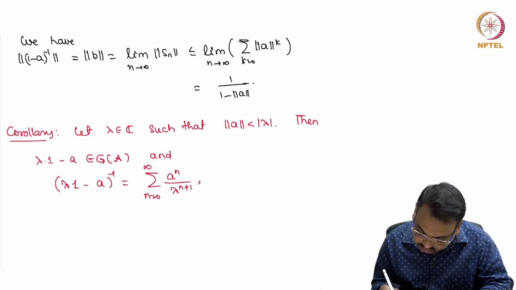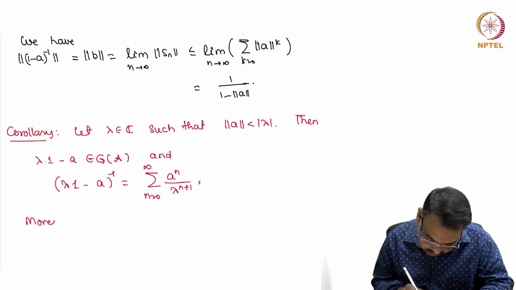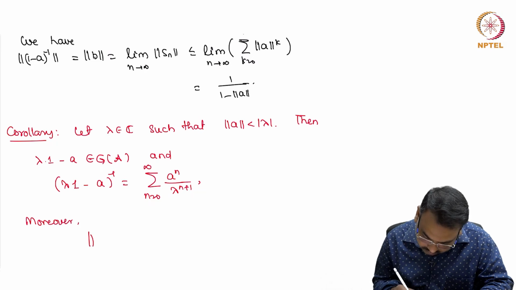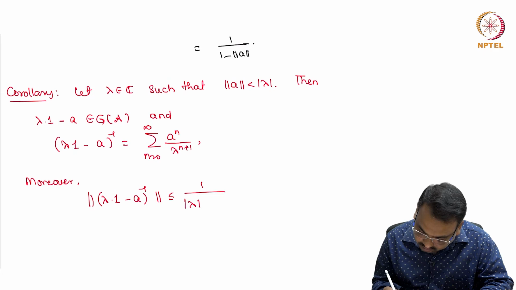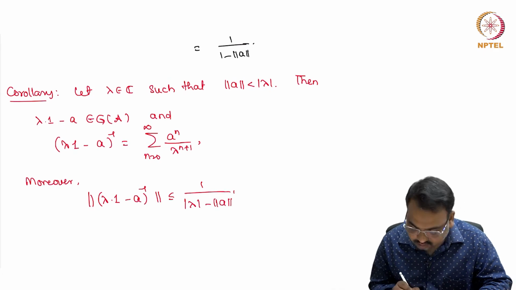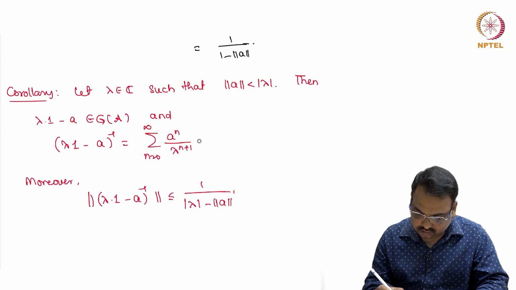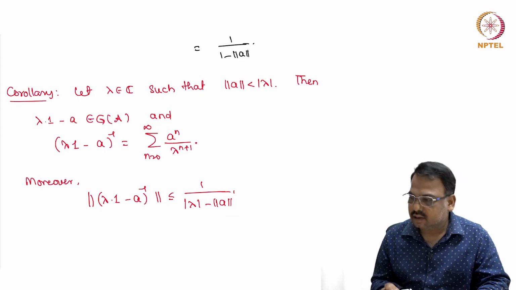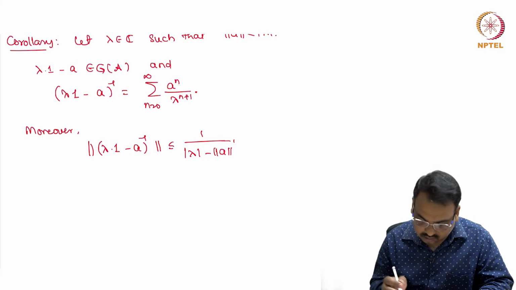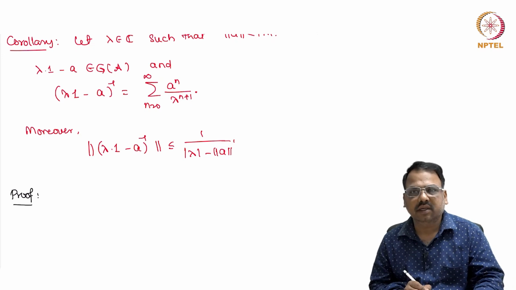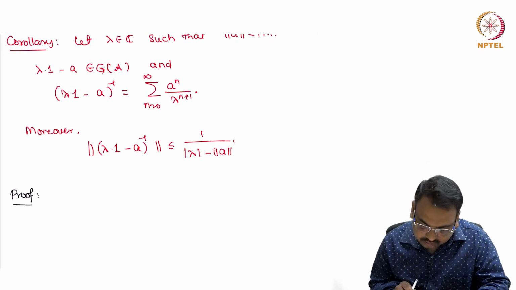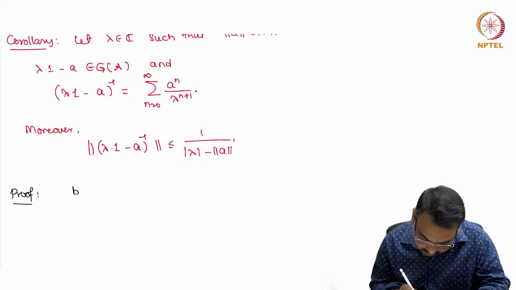And moreover, norm of lambda into (1 minus a) whole inverse is less than or equal to 1 by mod lambda minus norm of a. The proof is trivial, it comes from the earlier result, the Neumann series. Let us write b as a by lambda.